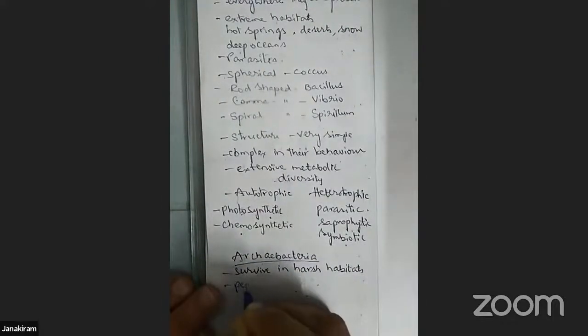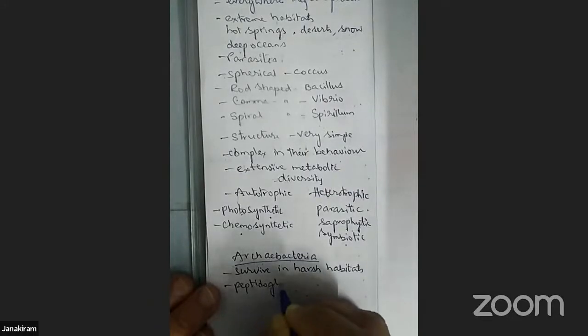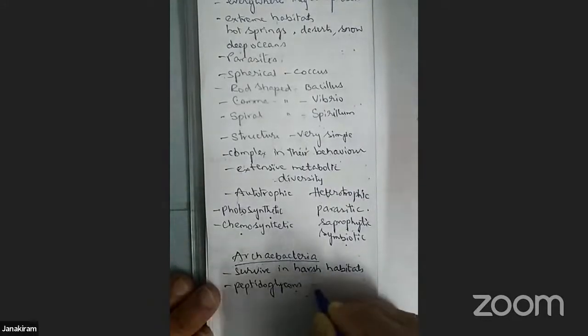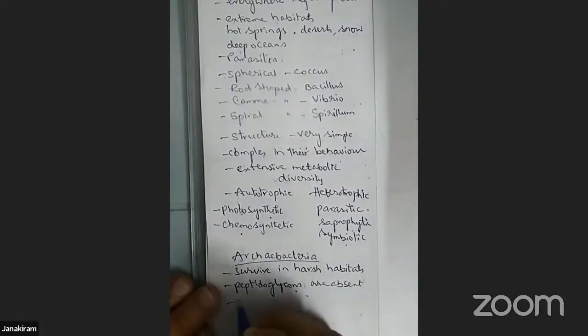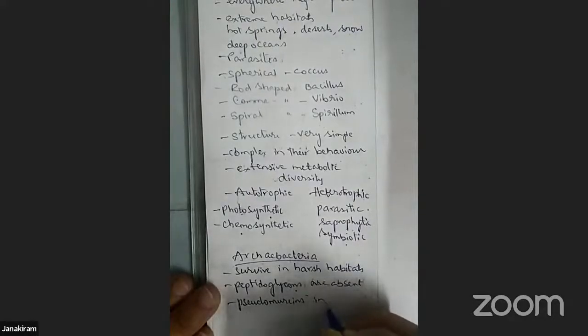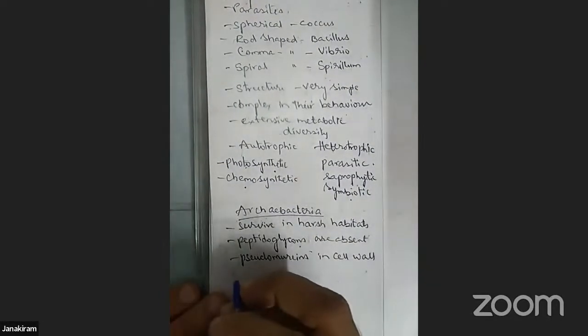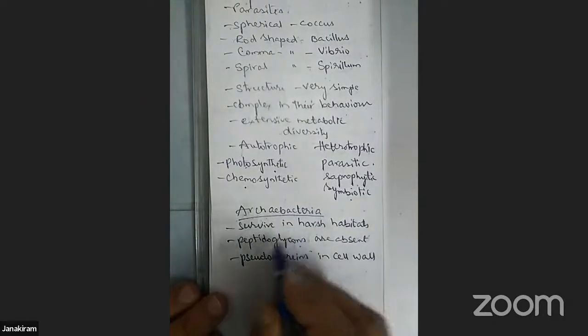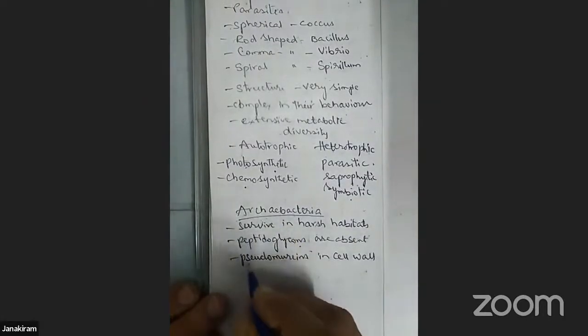But here, peptidoglycans are absent in the cell wall. Instead, they contain a substance called pseudomurein, the chemical by which the cell wall is made up. They can survive in harsh or extreme conditions.